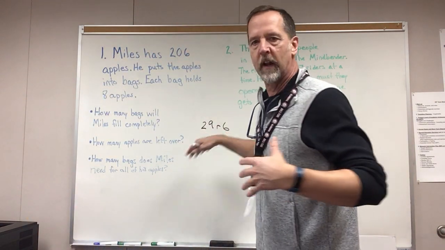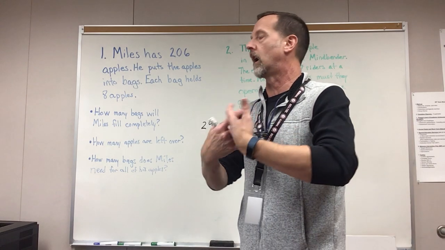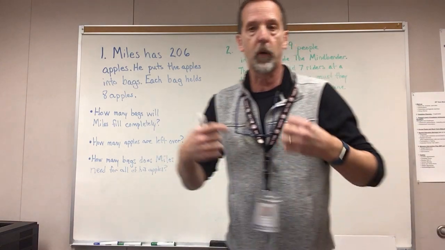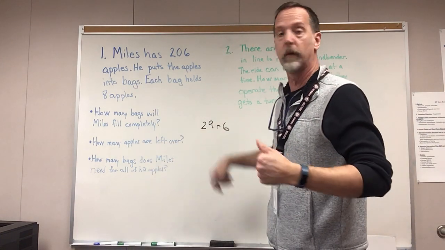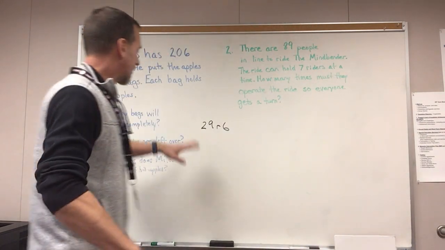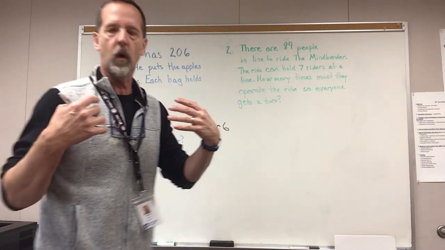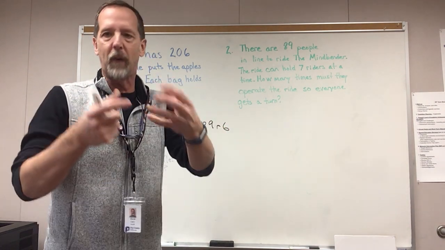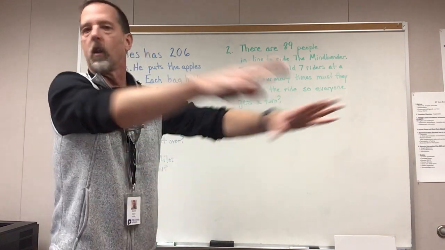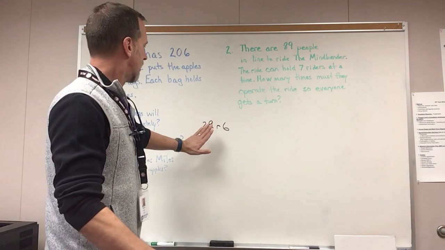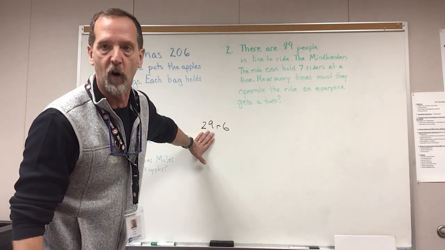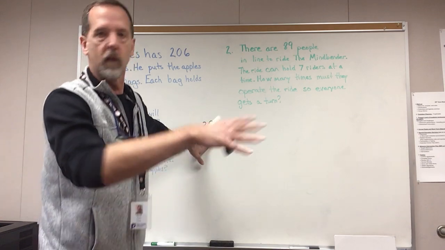Let's say that these are 29 boxes. Let's say you had crayons and you were putting them into boxes, right? Each box held 8 crayons. So we did a division problem where we were dividing by 8, and we got 29 with a remainder of 6. And the question wanted to know how many boxes would you need to hold all of the crayons? Well, 29 boxes would be full, but would we have put all of the crayons away?